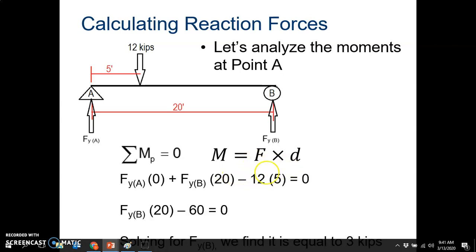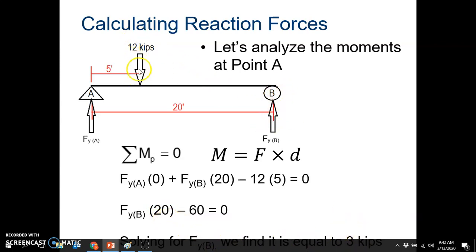And then we have minus, because it's negative, since that will be a clockwise rotation, 12 times that distance, which is 5. So this cancels, F of y of B, which is our reactionary force at B, multiplied by the distance, which is 20, is equal to 60. We can solve that now. Moving the 60 over and dividing by 20, we know that F of y of B is equal to 3 kips.